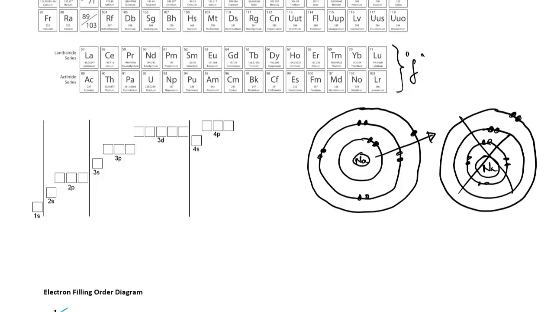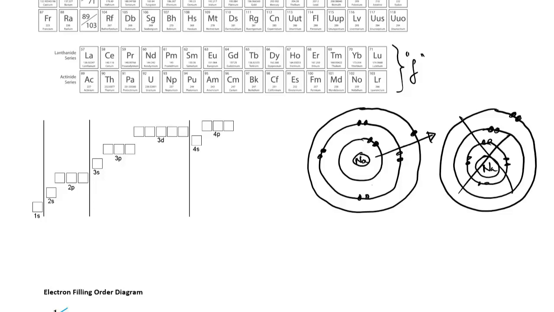And then the electrons will fill the next shell. And that shell is at a higher energy. It's harder to fill this shell than it is to fill the first one. The reason is basically that it's a little bit further away from the nucleus, and so it's a little bit more unstable.